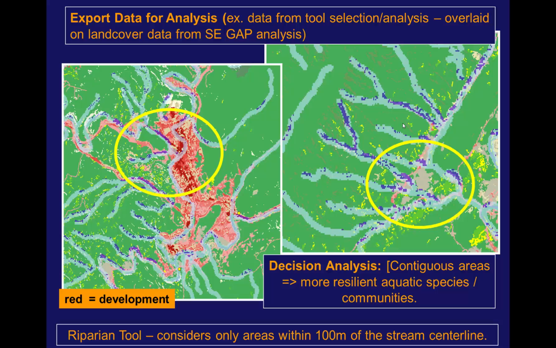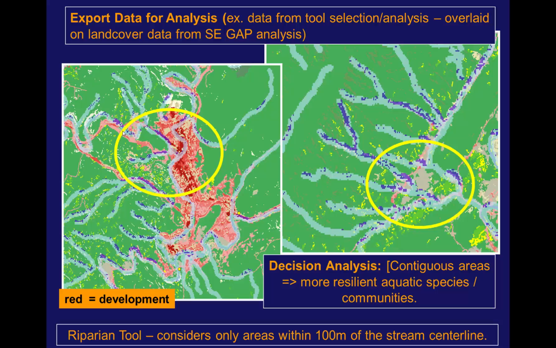In this example, we are going to look at land use, so the maps here both have the output from the riparian tool overlaid on land use. The green areas are the more forested and agricultural areas, and the red areas indicate urbanization.